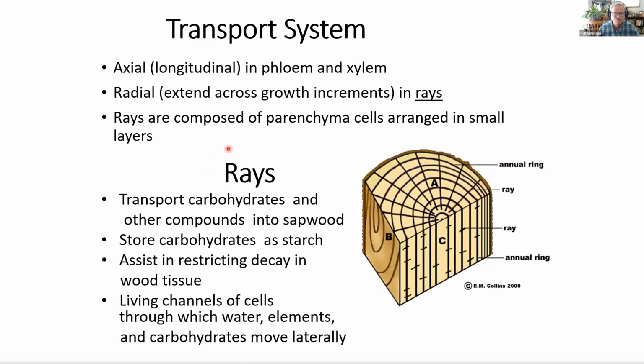Ray cells fall into that category of going across the grain. What do ray cells do? This is one of the very important features, again, in the CODIT model. We'll talk about this again. But for transport systems, let's think about rays as being able to transport carbohydrates and other compounds into the sapwood. Remember, sapwood is that living portion of the xylem tissue.